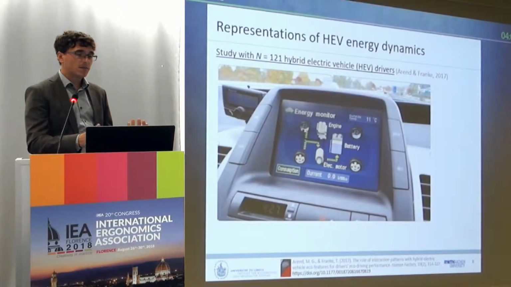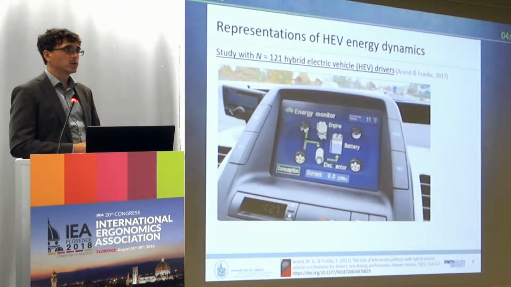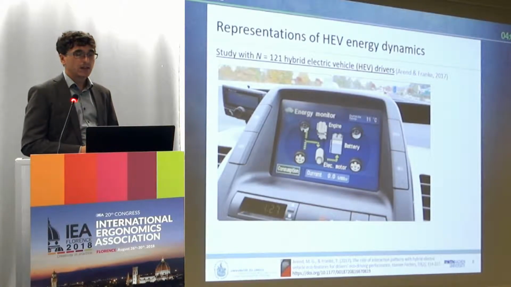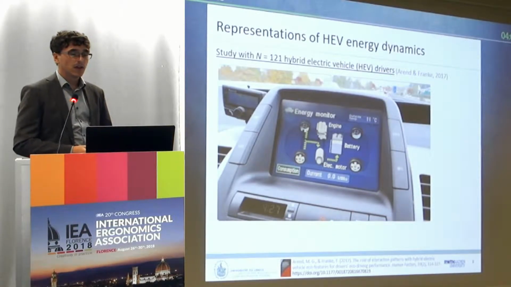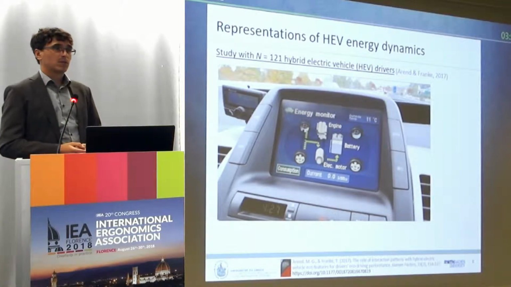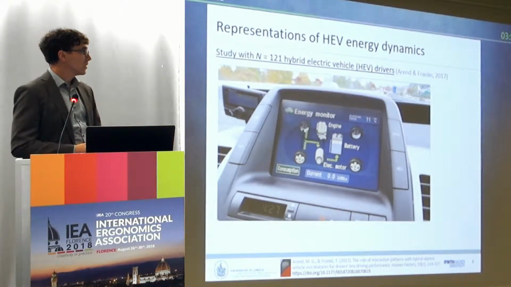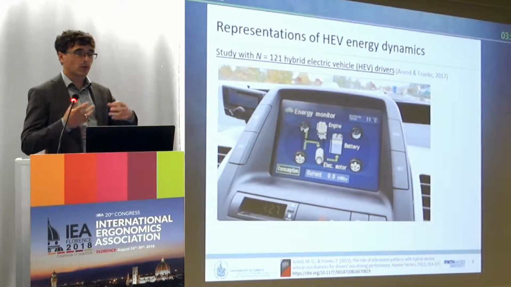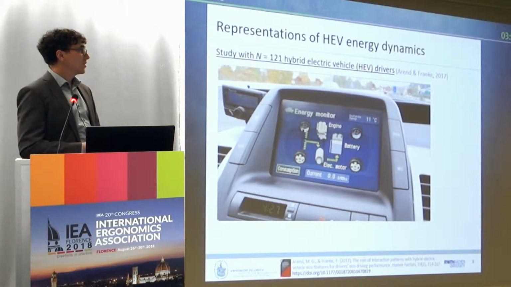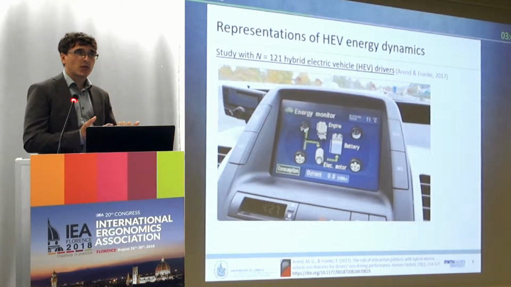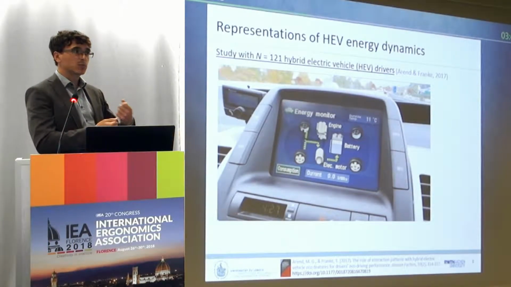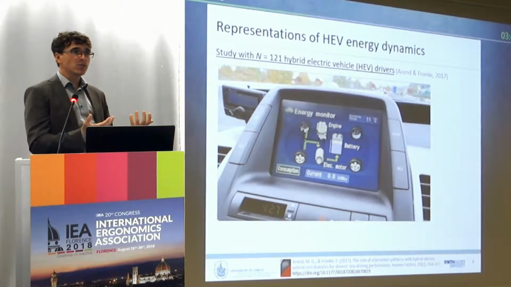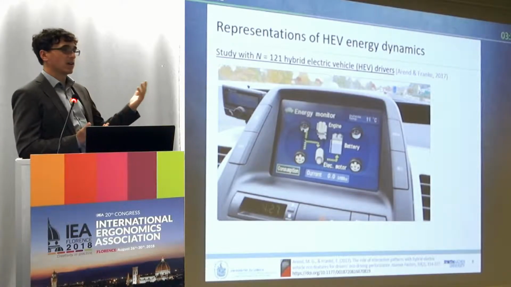But we then realized that's not their fault. That's more the fault of the energy interface, because many energy interfaces in electric and hybrid electric vehicles do it something like this. You see some energy flows, and if you accelerate, there goes energy from motor, battery to the wheels, and if you decelerate, same kinds of arrows, same force, same speed, same width, go back to the battery. So intuitively, what should I expect then?